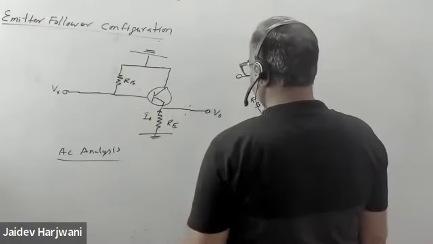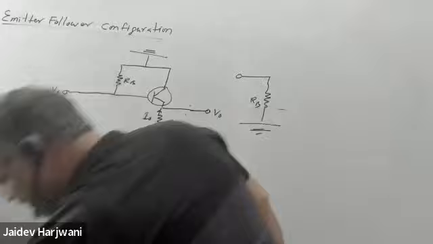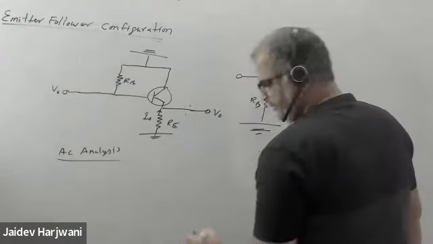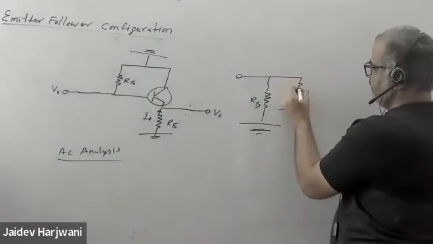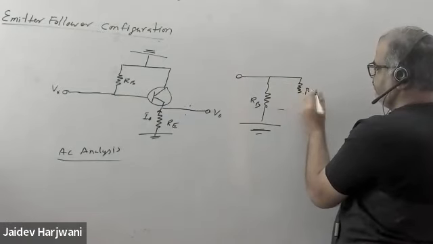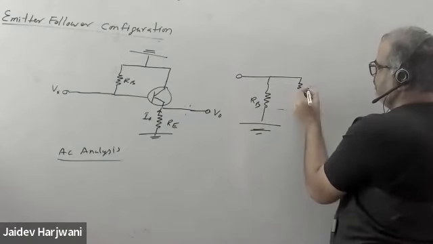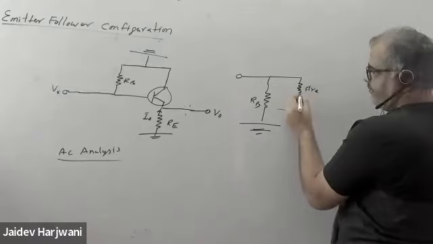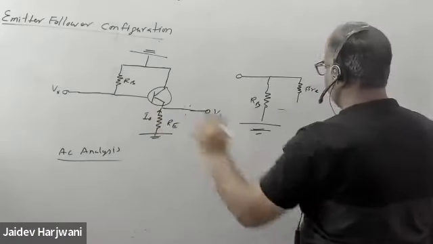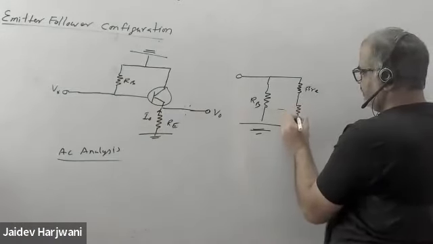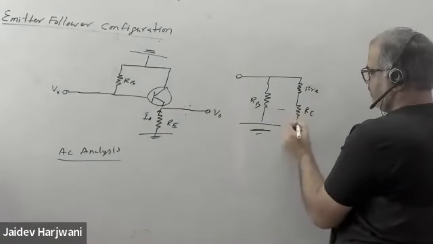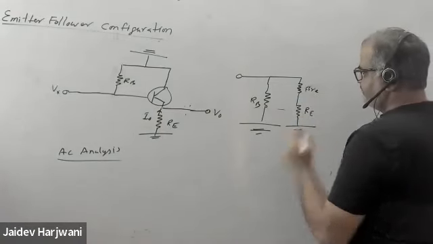So this will be replaced by resistance called beta small re. Plus now we have resistance RE also here. And this RE is grounded.